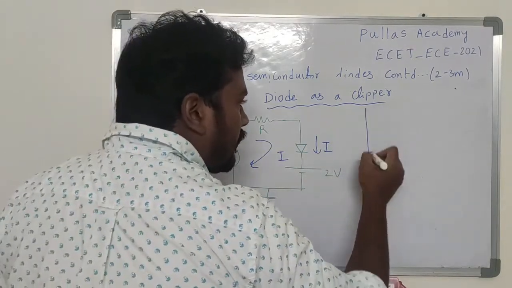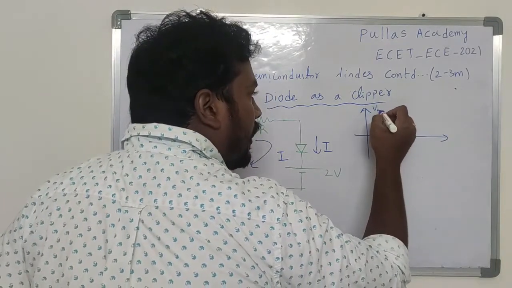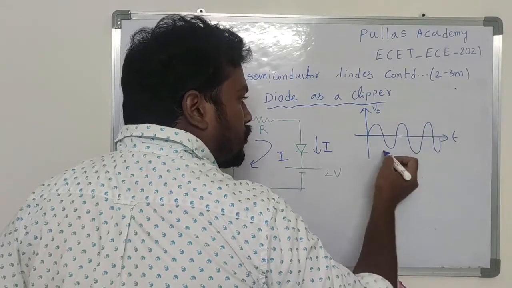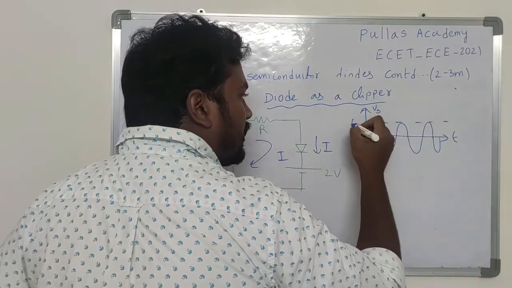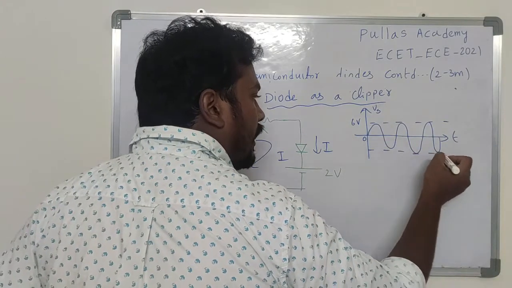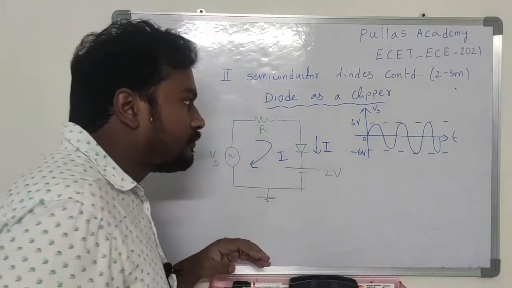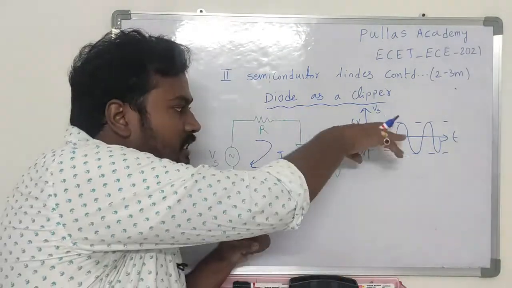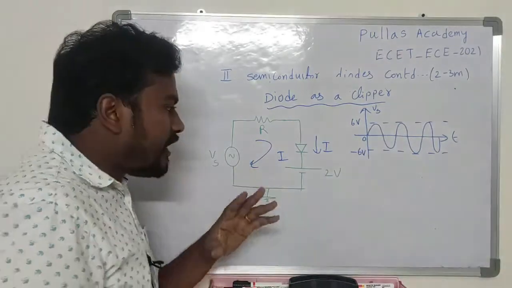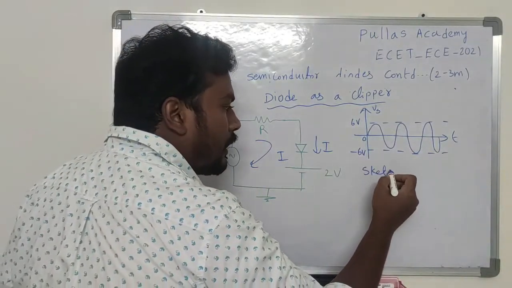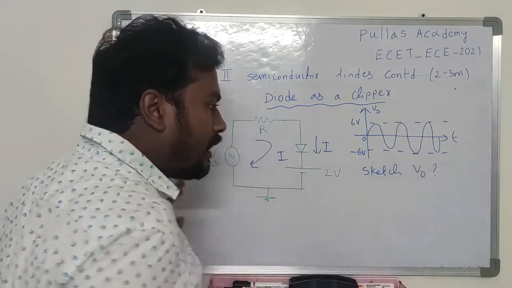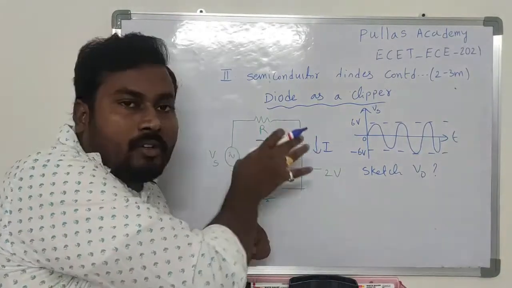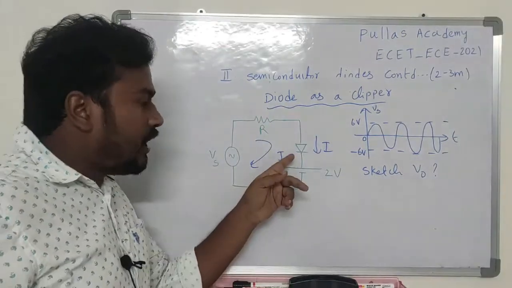Vs is a sinusoidal voltage signal. The amplitude of Vs is 6 volts and minus 6 volts. What we need to do is sketch V0 in this circuit.